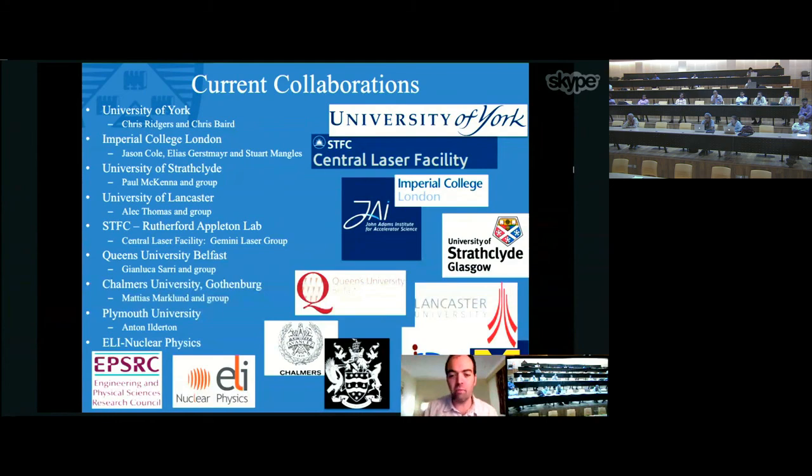Now, if we want to produce isotopes that have half-lives of a few minutes or even a few hours, then the number that we want to optimize is not the number of photons per laser shot. It's the number of photons per interesting isotope half-life.